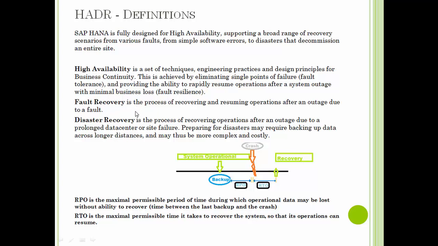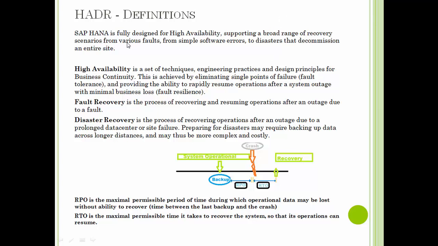See, SAP HANA is fully designed for high availability, that is supporting a broad range of recovery scenarios from various faults. And these faults could be from simple software errors to disasters that decommission an entire site. So as I said, to achieve high availability of the system, we implement these procedures which could support the recovery scenarios from various faults.